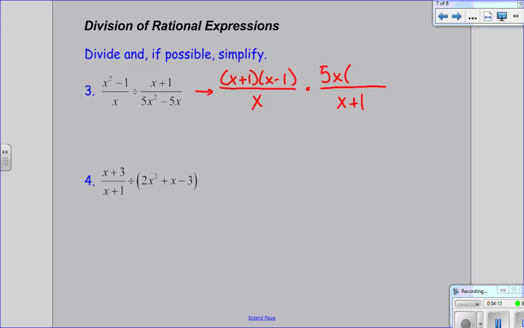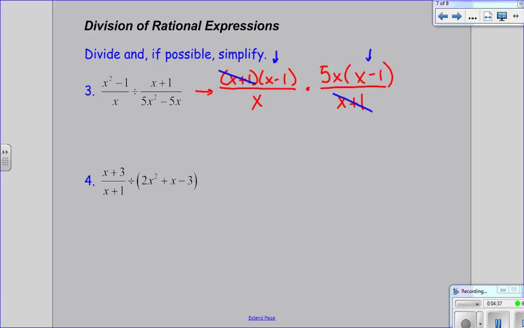And when I do that, that leaves me with x minus 1. Now I want to cancel any of my common factors. So I have x plus 1 in the numerator and x plus 1 in the denominator. Those can be canceled. And x minus 1 and x minus 1, since these are both in the numerator, we can't remove those common factors.